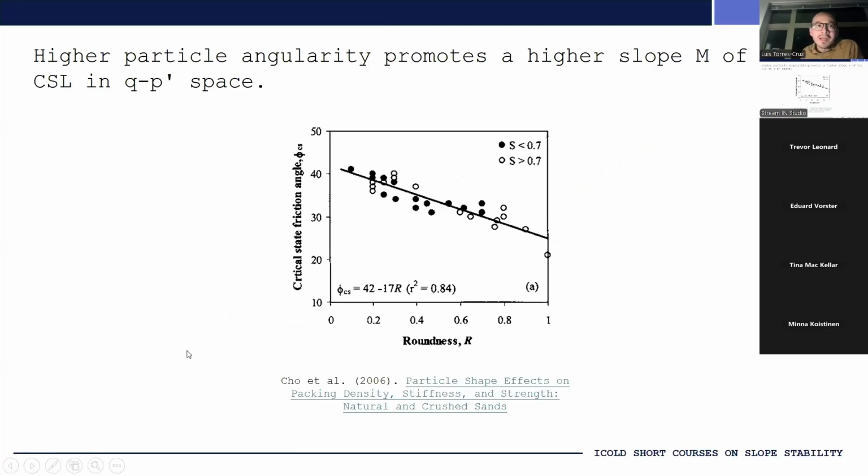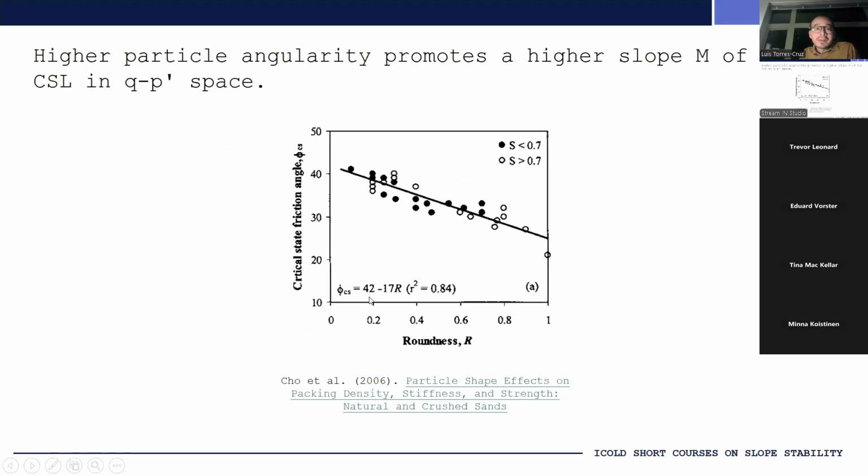Let's talk a little bit about particle angularity, which is not explicitly mentioned in the bulletin, but of course, particle shape affects the mechanical behavior. So if you have measured particle shape, somehow you can make estimates about things like, for example, the critical friction angle.